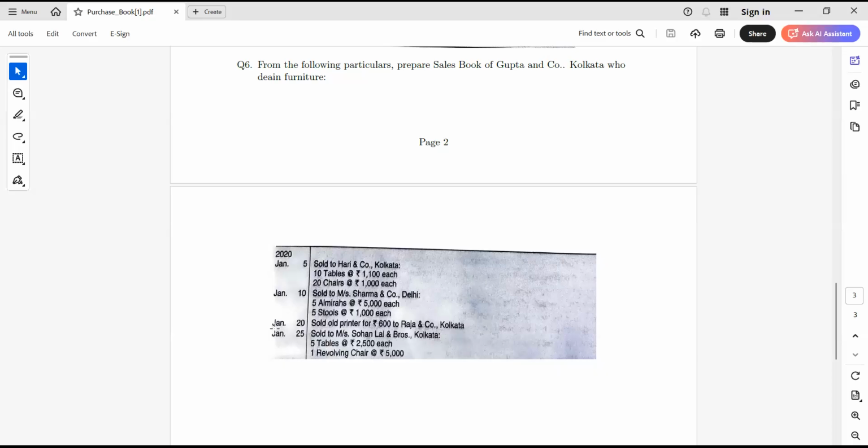Okay, what about Jan 20 transaction? Why did you leave this? Why have you not recorded this transaction? I did record the Jan 20. It's 20,000. Jan 20, it is sold old printers 600 to Raja and Company.